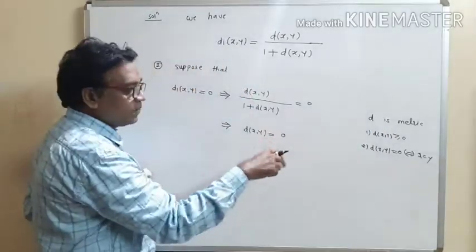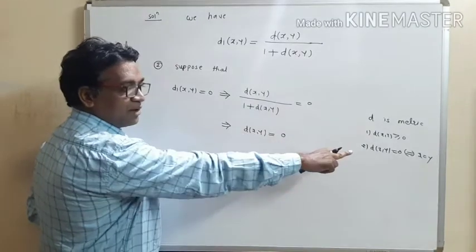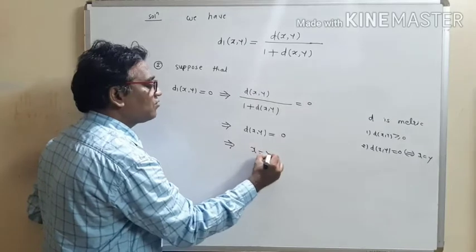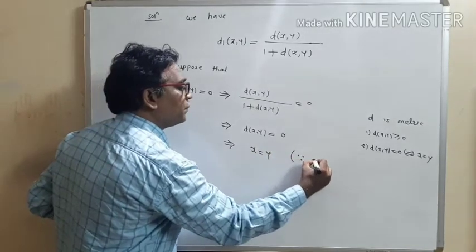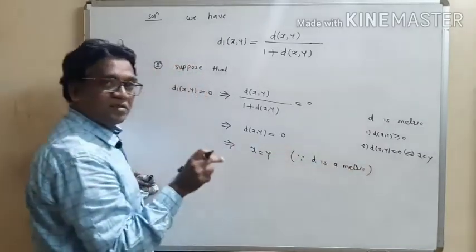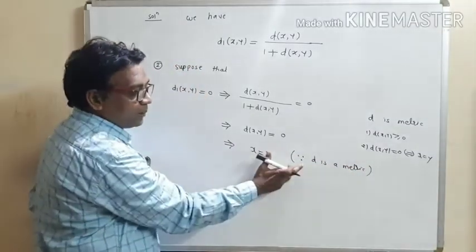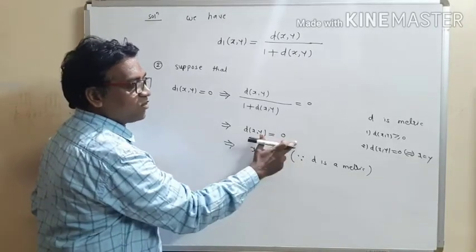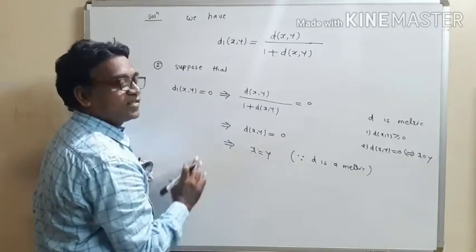If d is 0, then we have x equal to y. So this will imply that x equals y, and the reason is that d is a metric.